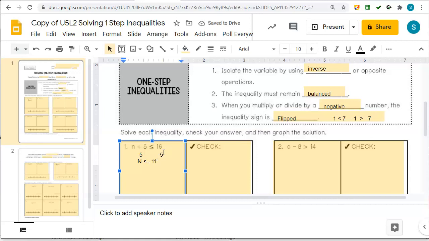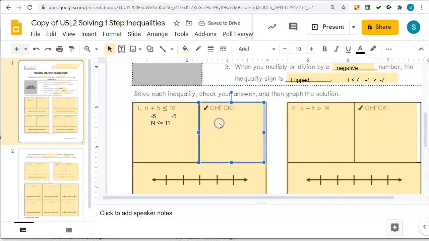Alright? Let's just check one of the answers. Why did it give me a capital N? I wanted a lowercase n. Alright. So, we could try 10.5.